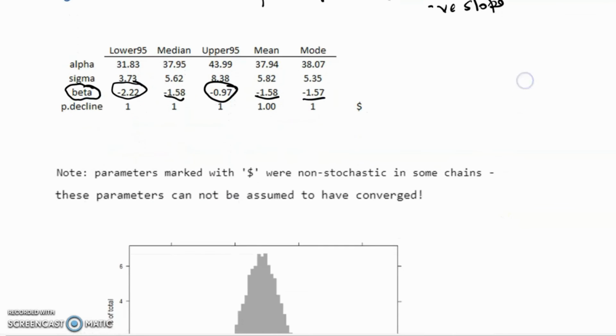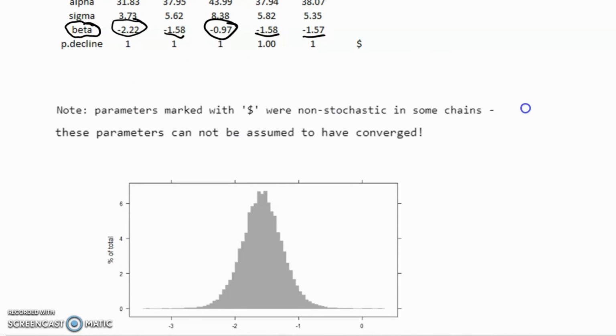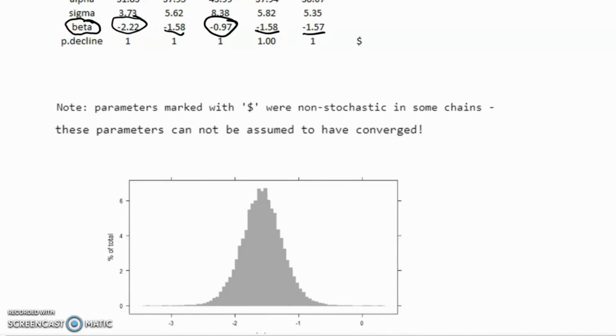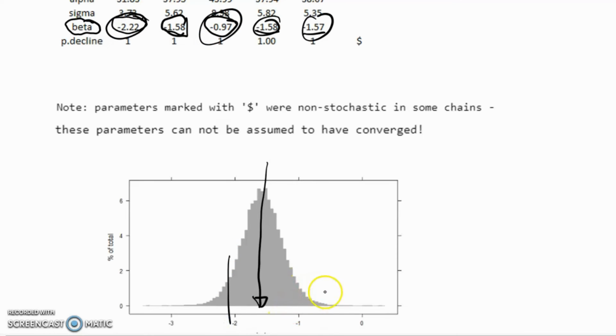And if we look at the plot, that seems to be consistent in the sense that, okay, these are our means, medians, and modes, minus 1.57. That seems about right. 95% credible level, minus 2.2, minus 0.97: minus 2.2 would be right there, minus 0.97 would be about there. So that all makes sense.